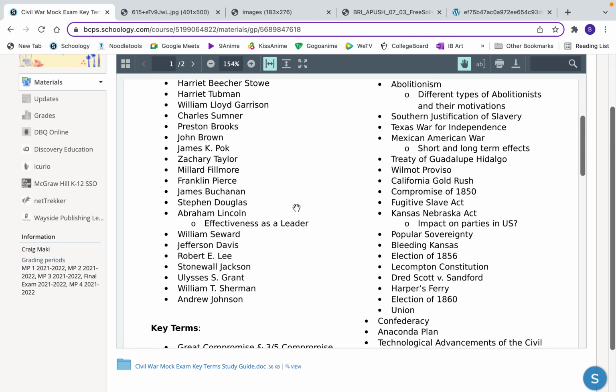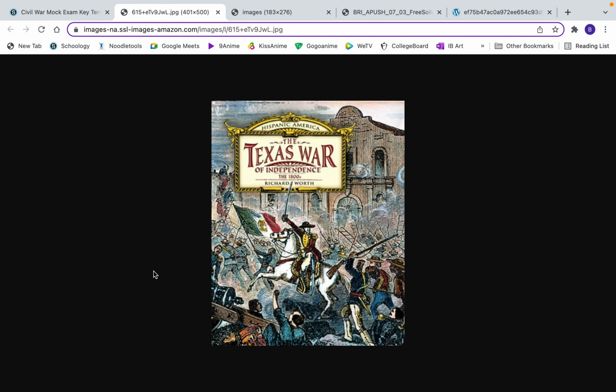It was really sad. So, somewhere in there, we have the Texas War for Independence. Because of course we do. Here, we can look at this picture. So the Texas War for Independence happens when Mexico closes its border to the U.S. through Texas, right?